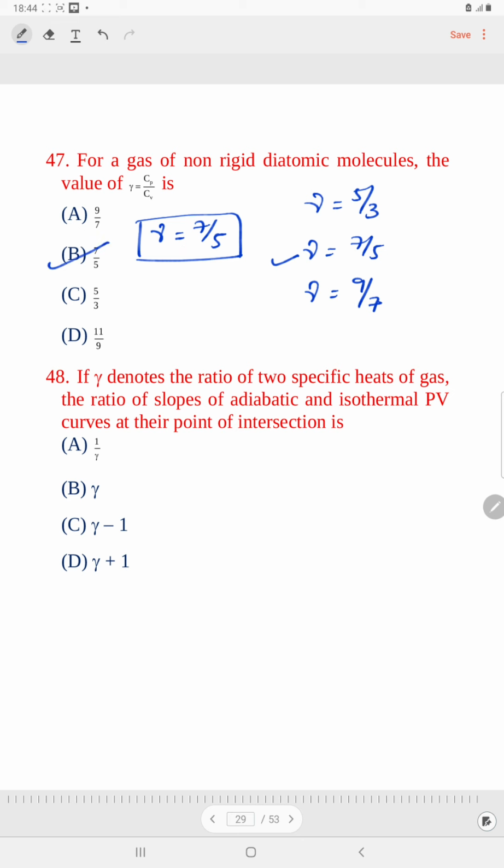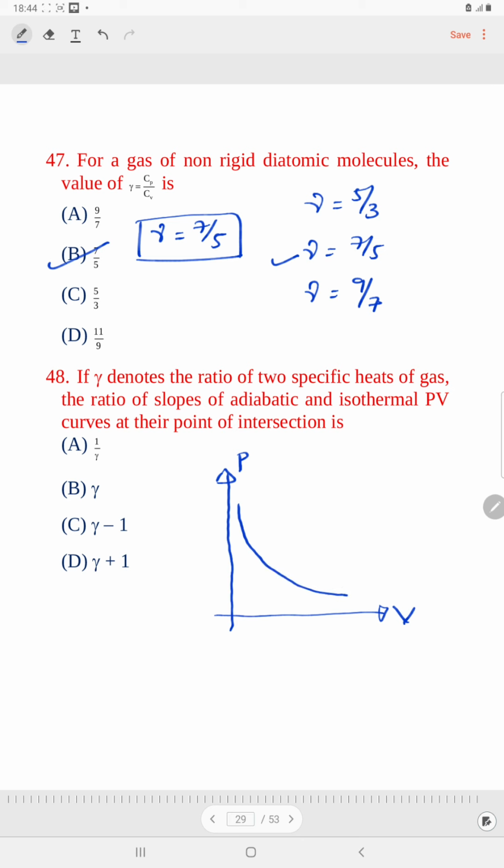If gamma denotes the ratio of the specific heat capacities of a gas, the ratio of the slopes of adiabatic and isothermal curves at the point of intersection will be? Students, let me show one thing here. If I plot a graph of pressure versus volume, this is going to be pressure, this is going to be volume. The isothermal curve is like this.